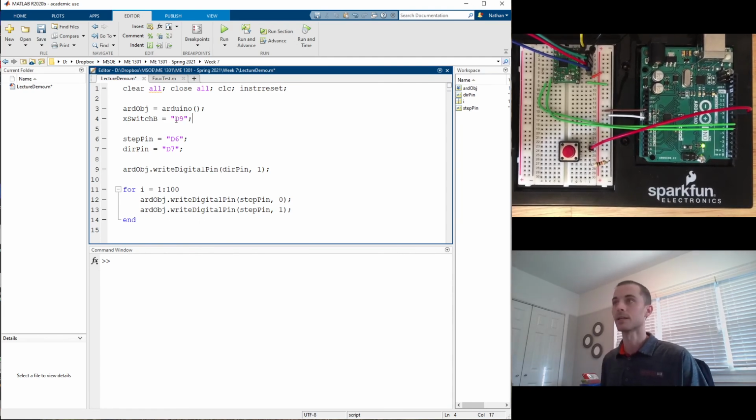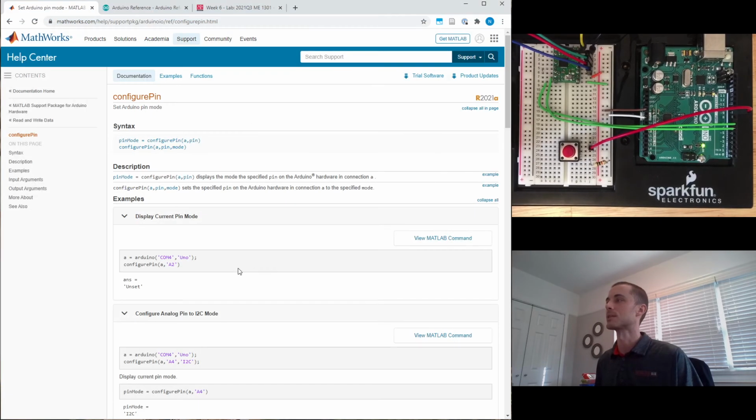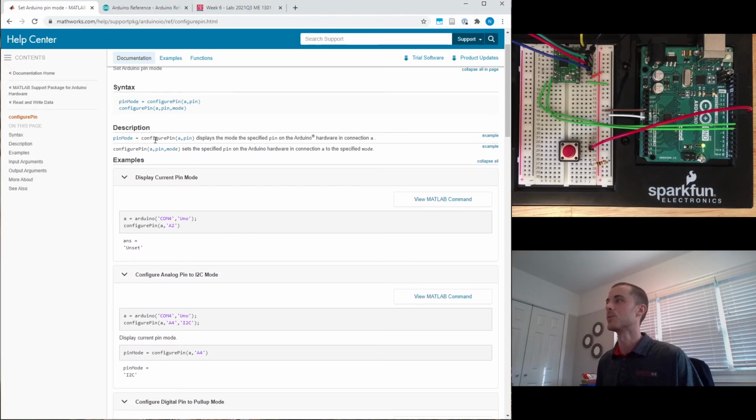And then on the next line, I want to say, hey, Arduino object, configure this pin and pass it the switch, X switch B, and then tell it what state to be set to. If we go down, the function or the method is you pass it the pin and the mode. So the Arduino object, the pin, and the mode. You can also call it and it'll return the value if you just specify the 2 arguments, which are the Arduino and the pin number.